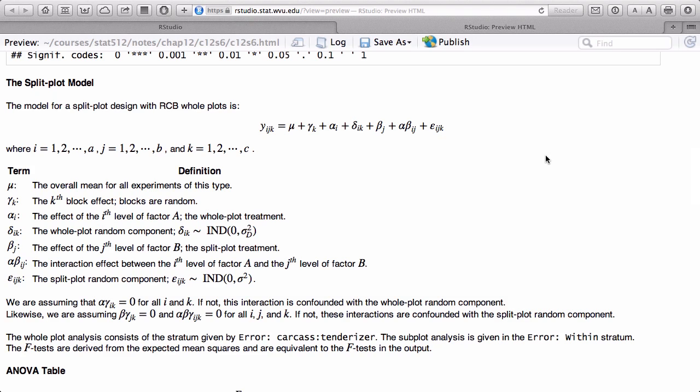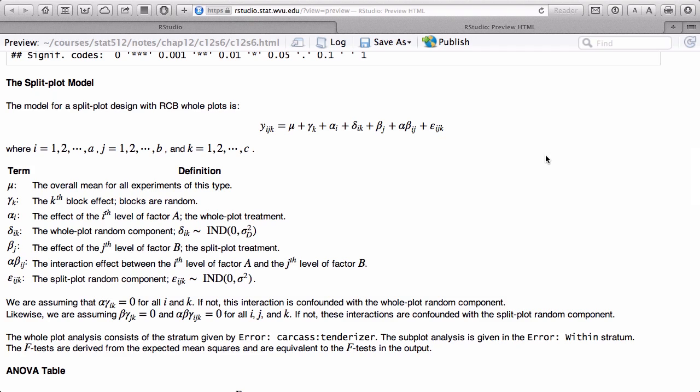They are a randomized block design. So gamma sub k is the kth block effect, and blocks are random. And then alpha sub i is the effect of the ith level of the factor A, which is the whole plot treatment. And delta sub ik is the whole plot random component.